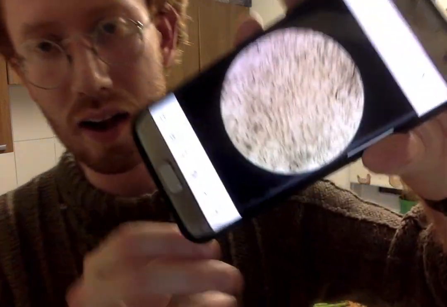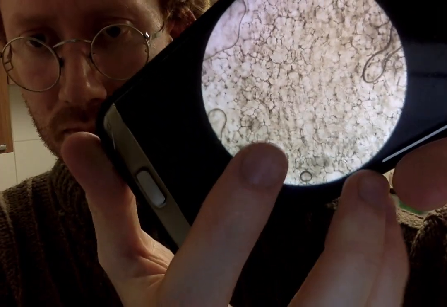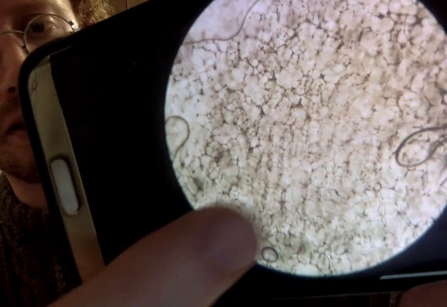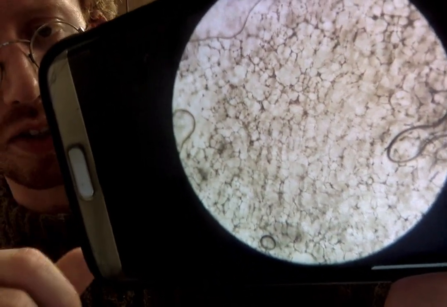But he also talked about how the cell structure of your broccoli versus your asparagus is different. So I have a microscope, so I can show you that this is the cell structure for broccoli. It might be quite hard to see, but it looks like there are lots of cell walls there. It's quite rigid cells. That's uncooked.